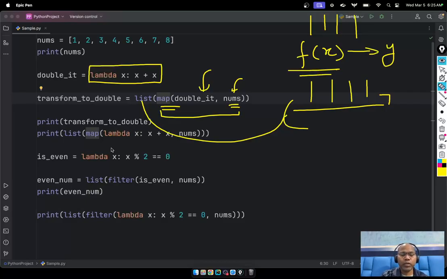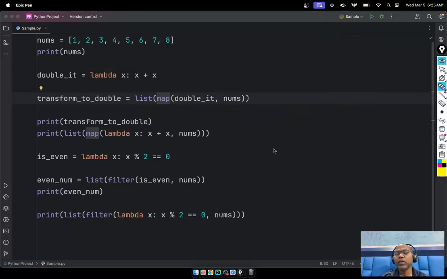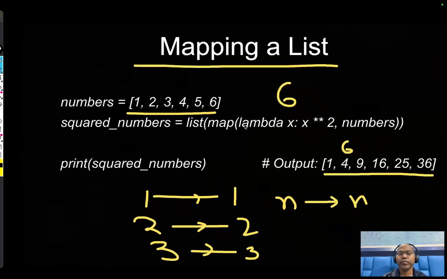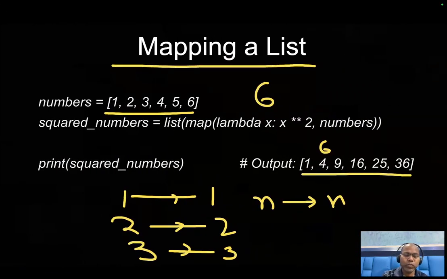So this is known as the lambda function used in your map operation, a transformation, a conversion of input from one type to another. Okay, so this is known as a map operation.